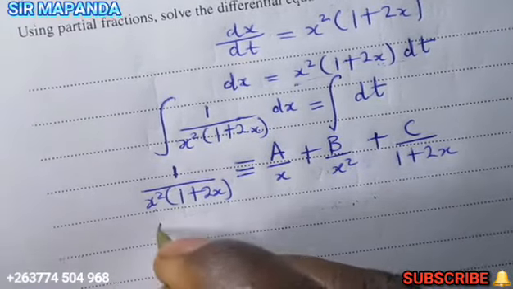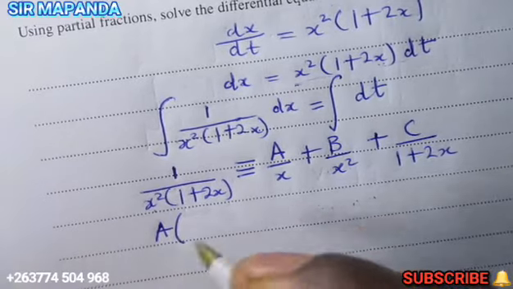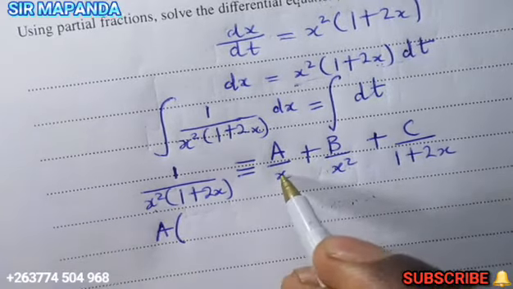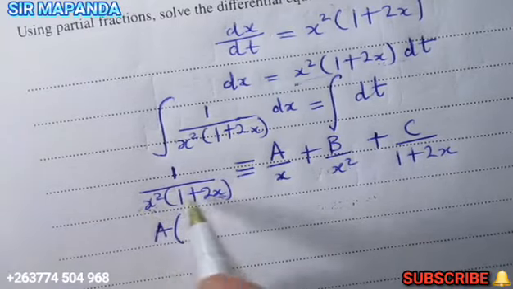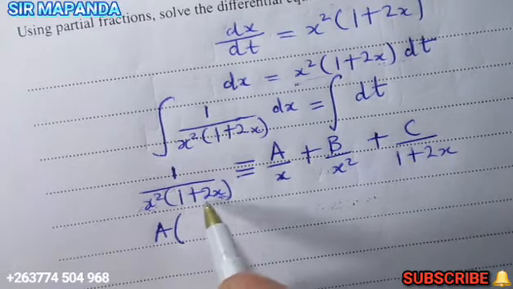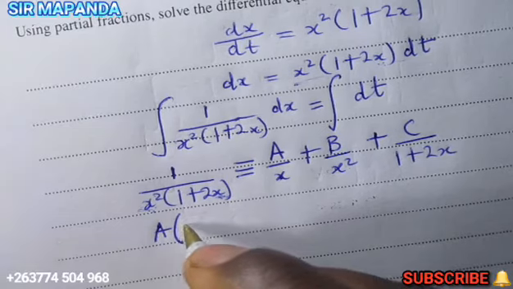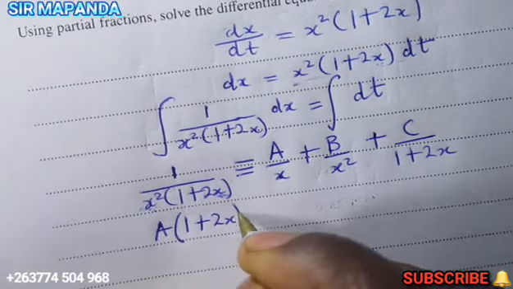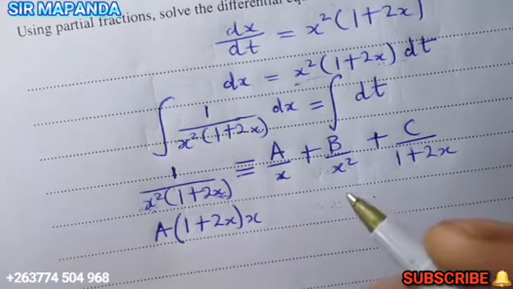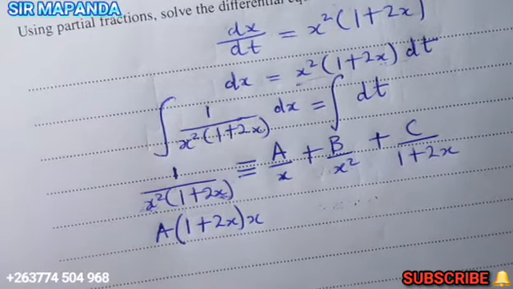So A open bracket x into this denominator of x squared 1 plus 2x, you get 1 plus 2x and x. I hope you are listening, right?